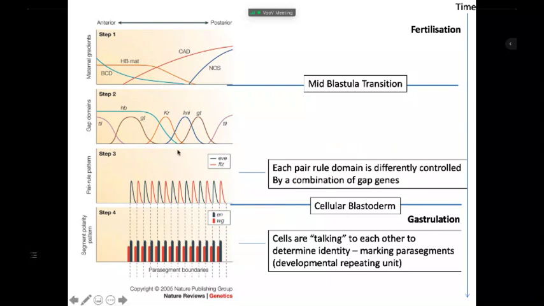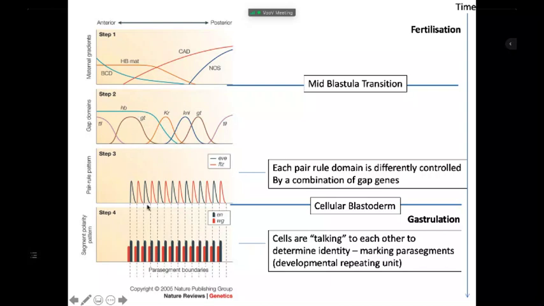So in mid-blastula transition, we begin to get transcription of these gap domain genes controlled by the maternal gradients that are set up in the developing oocyte and then translated in the developing embryo. And then what's very interesting is that each pair-rule gene domain is differentially controlled by a combination of gap genes.